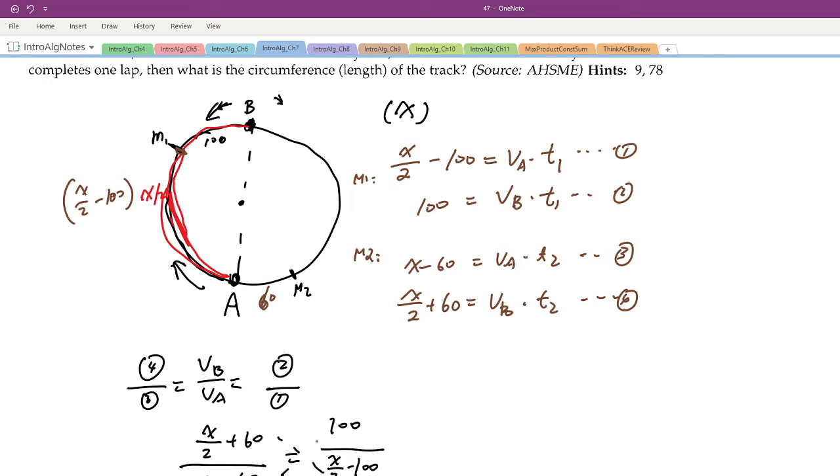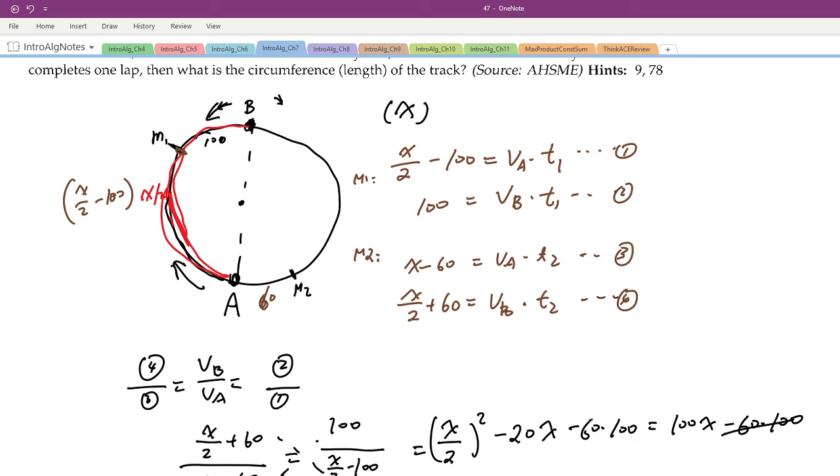Now we can do the cross product. So we have x over 2 squared, plus 30x minus 50x is minus 20x, then minus 60 times 100, is equal to 100x, then minus 60 times 100.